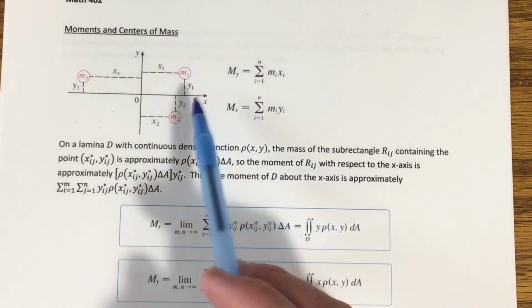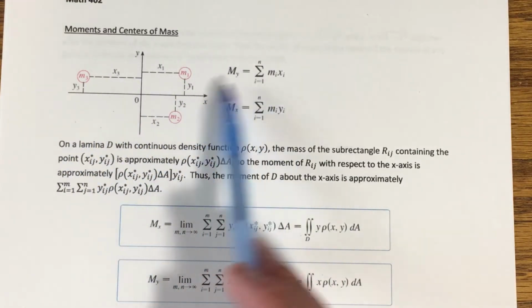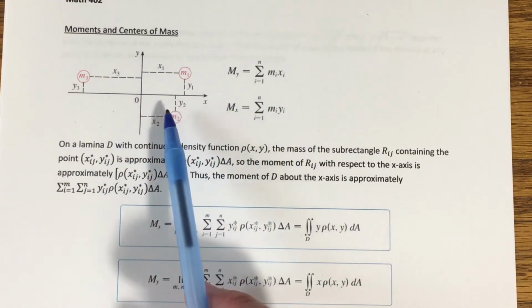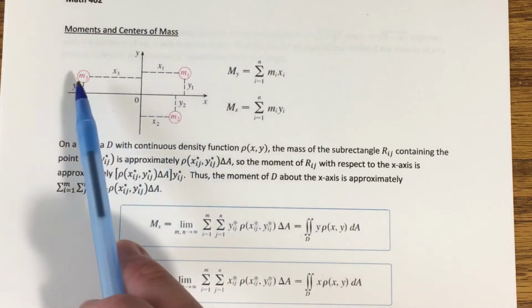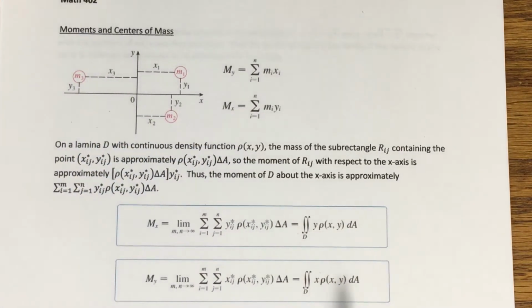Again, the idea is that the moment of an entire system about an axis is the sum of the moments of each individual mass at each of those points.